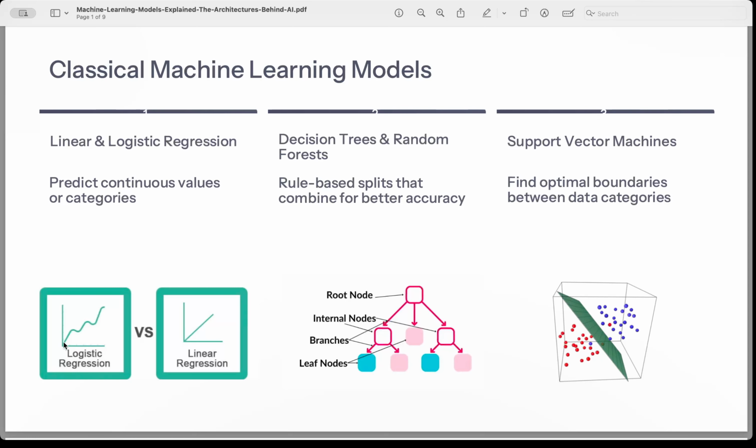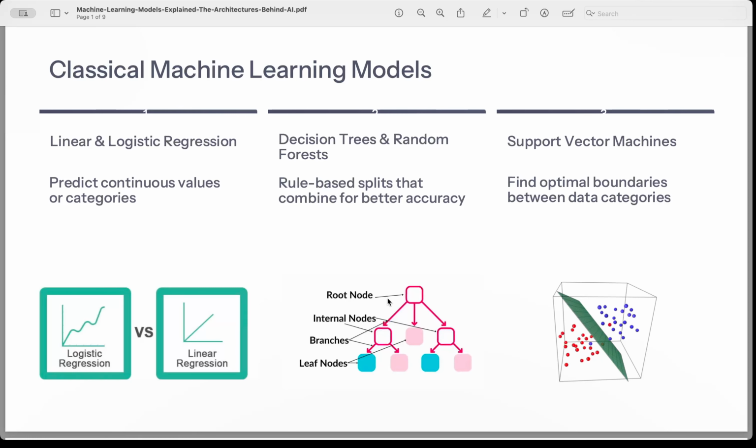And logistic regression will have a specific S-shaped curve, and linear regression will just be the typical regression line going through the main part of our data points. With regards to decision trees and random forests, decision trees split data into rules.